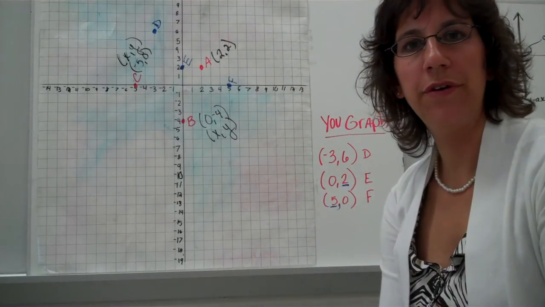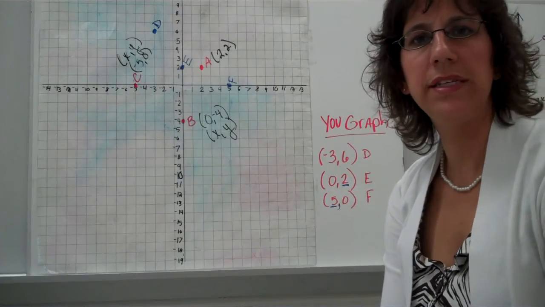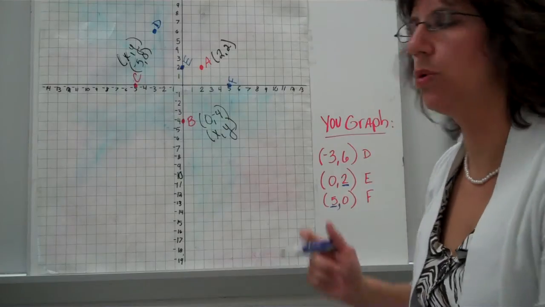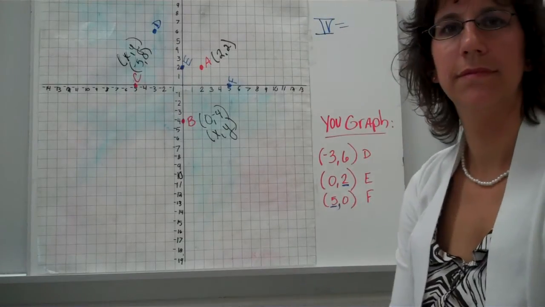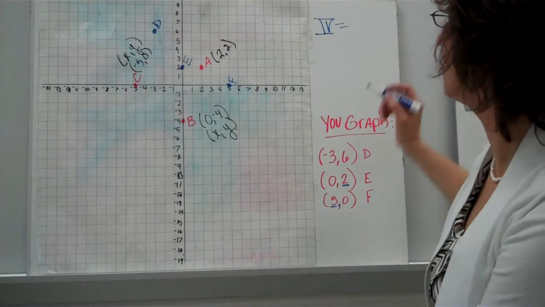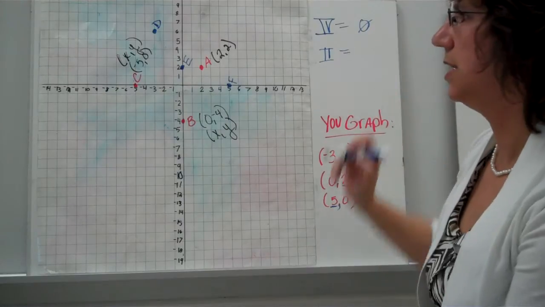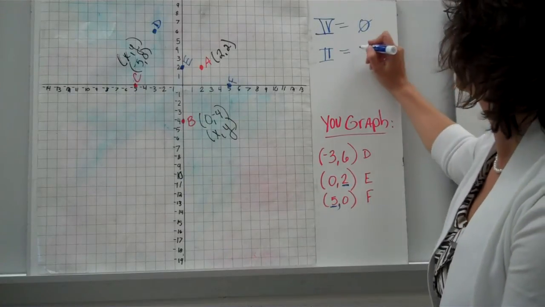That's just a real quick review of graphing. Would you go ahead and name a point that's in quadrant 4. That's right, we don't have any in quadrant 4. How about quadrant 2? Name a point that's in quadrant 2. Great.